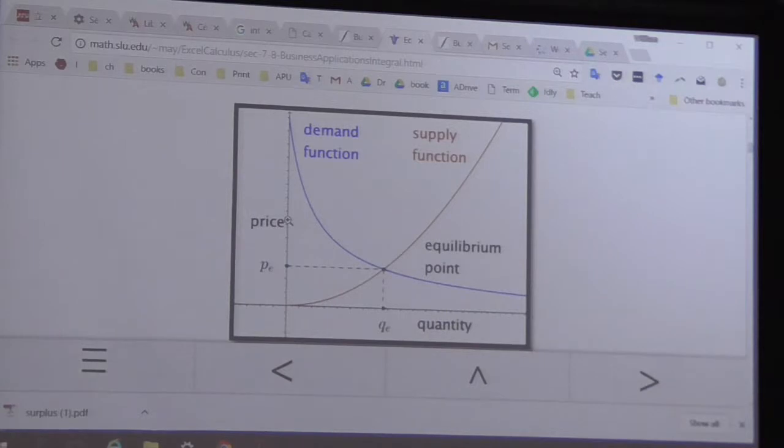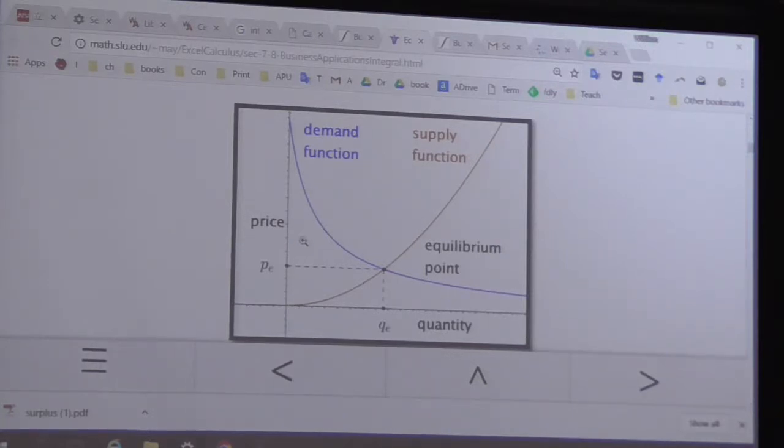Let's say 10 people want this thing and they're going to pay that price. What happens if you decrease the price? Those 10 people will still pay for it, but there'll be new people as well that will pay for it.